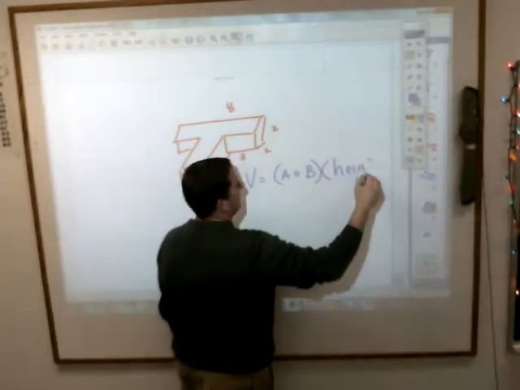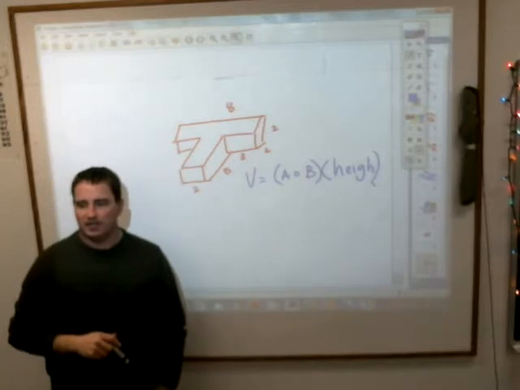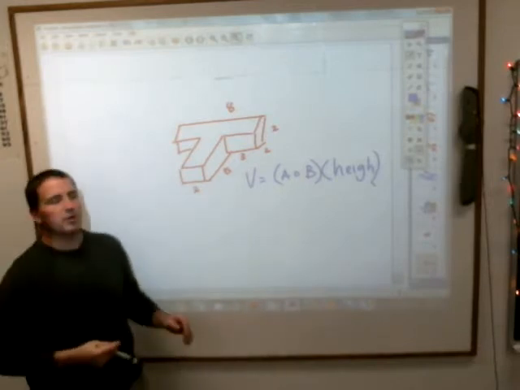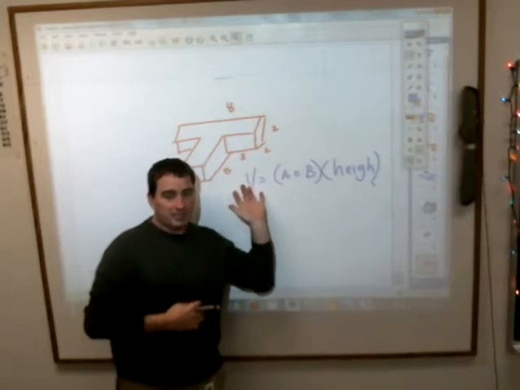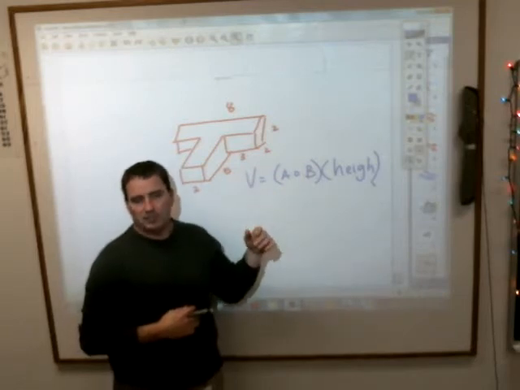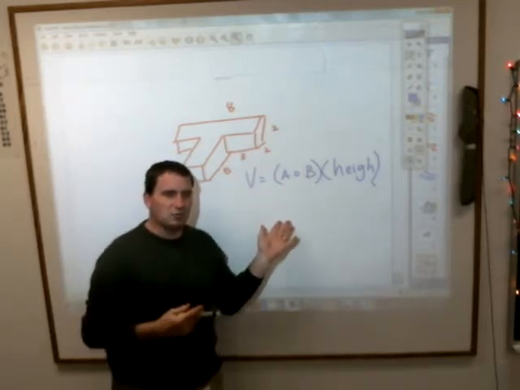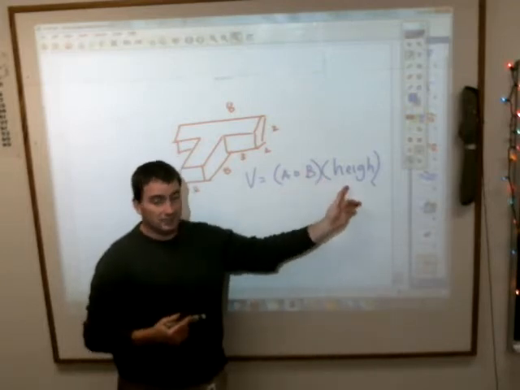And I can tell you, people, the reason why this helps is because if you jump right into finding the area of the base, and the base is kind of a complex shape where you're going to have to do some calculating, usually what happens is you find the area of the base, and you think you've done the problem because you got so wrapped up in it, you forget about the second part, which is you have to multiply it by the height.